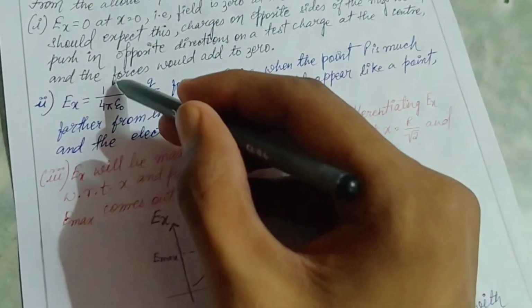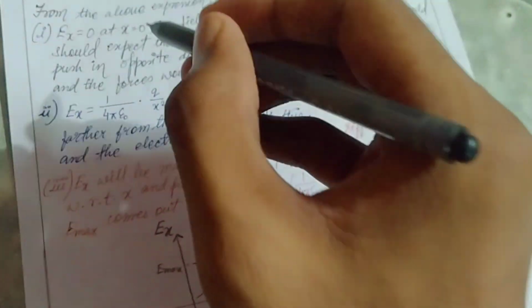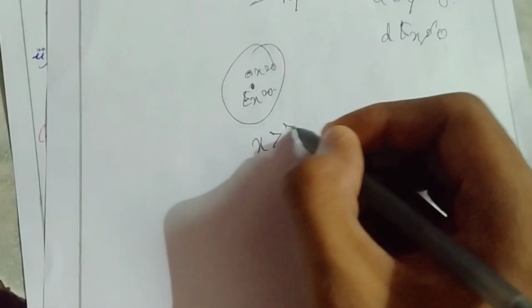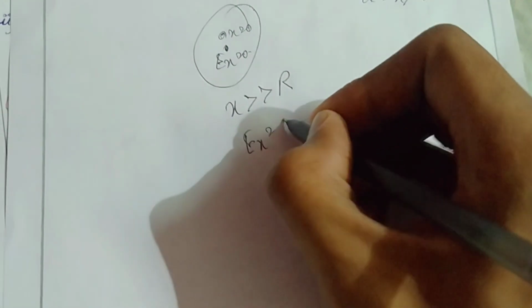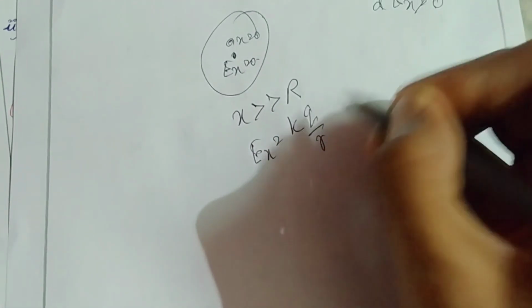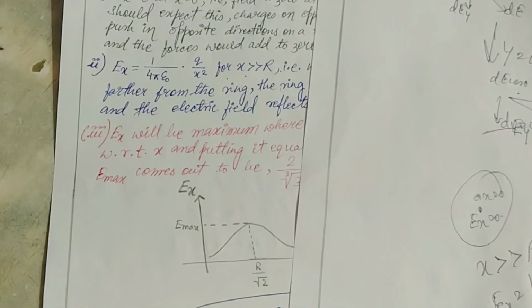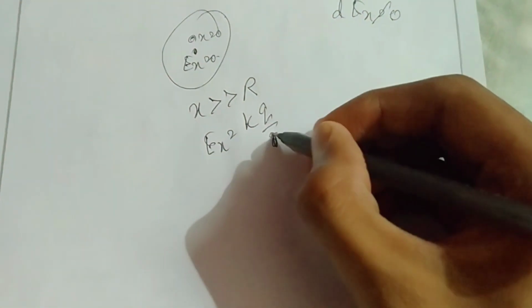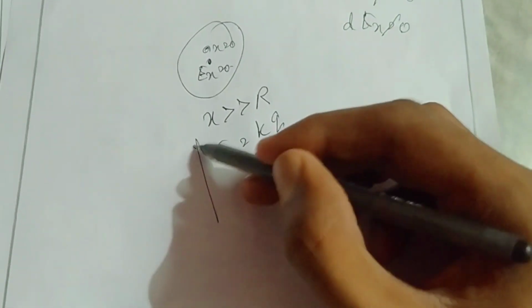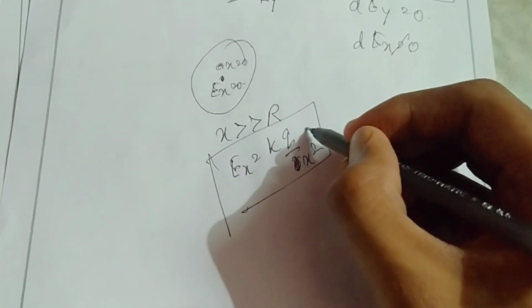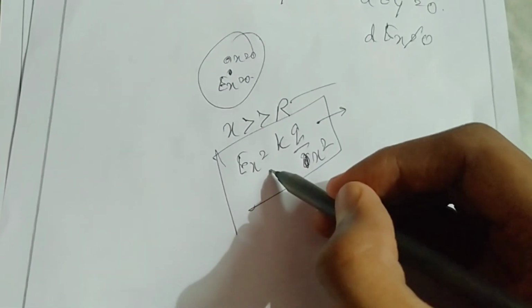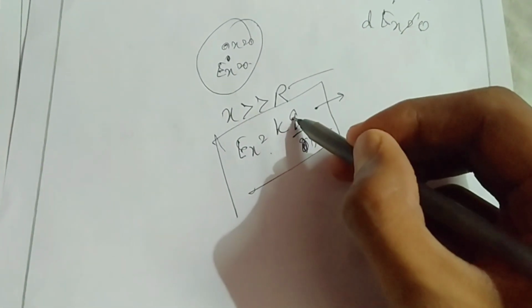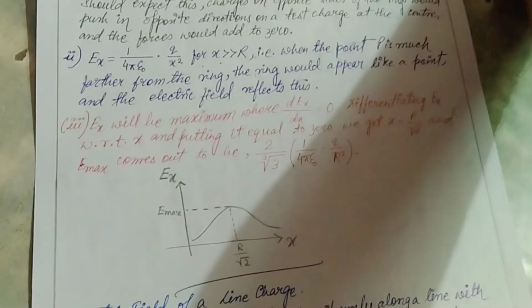Then the formula comes out as 1 by 4 pi epsilon naught, that means k, Q over x square. So when x is very much greater than r, we can write Ex as kQ by x square. Easily you can remember all this stuff.